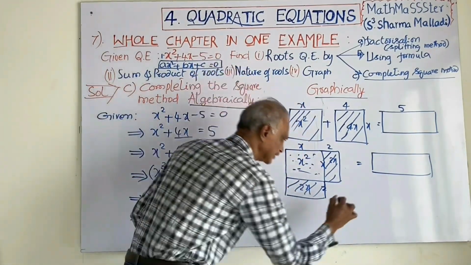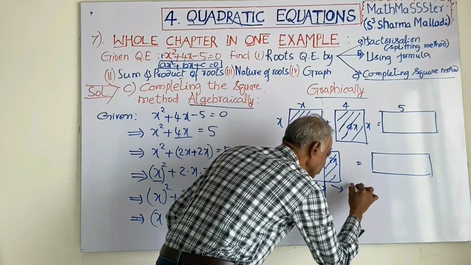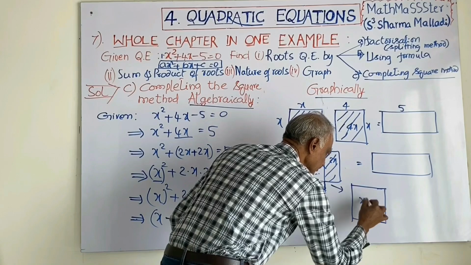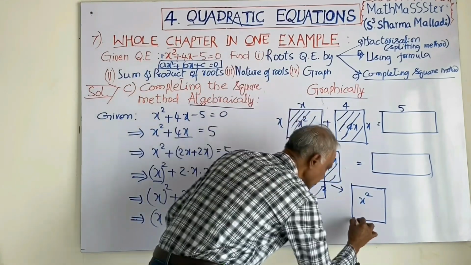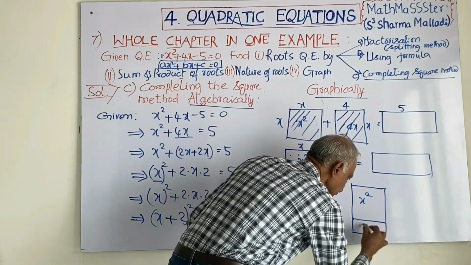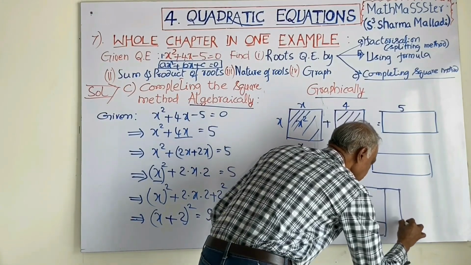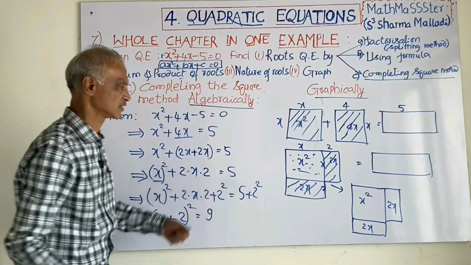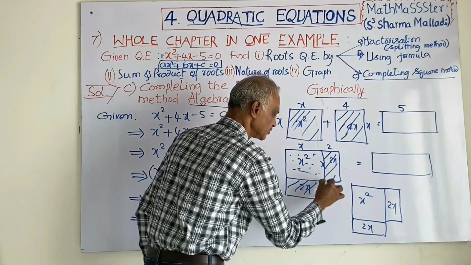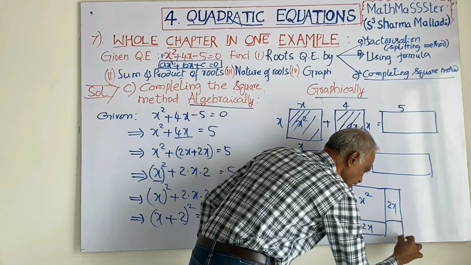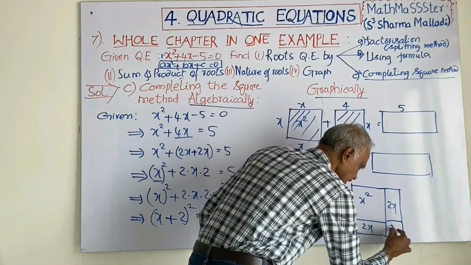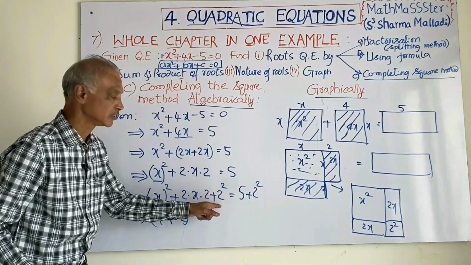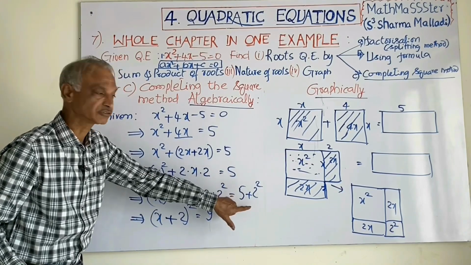This can be drawn like this. This is x square, 2x and 2x. This is 2x and this is also 2x. We have to add 2 square both sides. This is 2 and this is also 2. I am adding 2 square, so the area will be 2 square, because I have added 2 square here, and also I have to add 2 square on RHS.